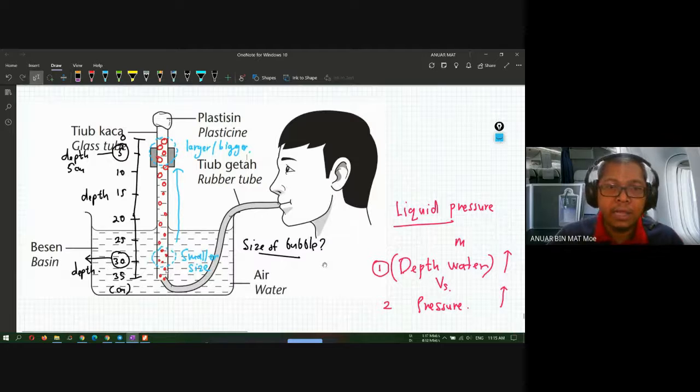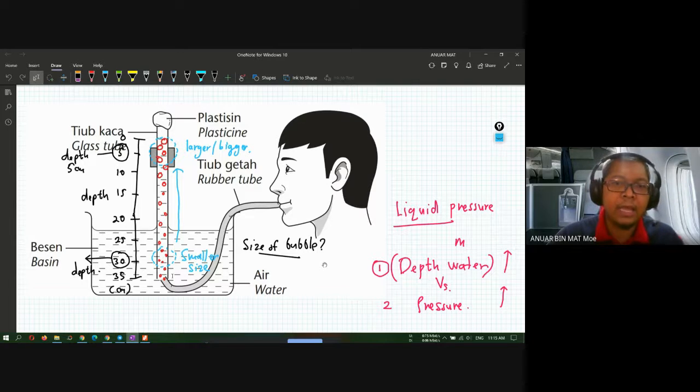Okay, because as you know, when the object is underwater, the deeper the object goes under the water, the larger the pressure. That's why we can see the bubble inside 30 centimeter of water depth, the air bubble is smaller, because the air bubble is exerted by the force from the pressure of the water.